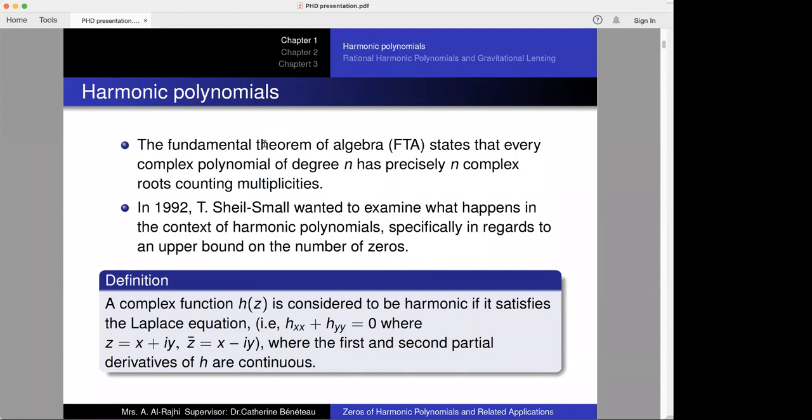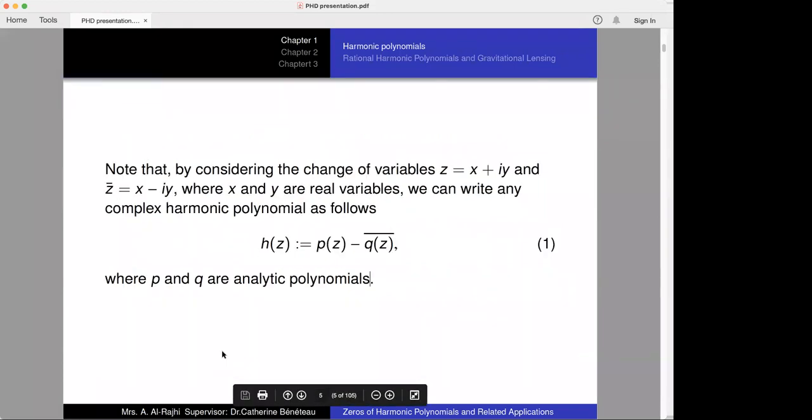First of all, a harmonic function means that the function satisfies Laplace's equation and the first and second partial derivatives are continuous. By replacing z with x plus iy and z bar with x minus iy, we can rewrite any harmonic polynomial as you see in equation 1, where b and q are analytic polynomials.